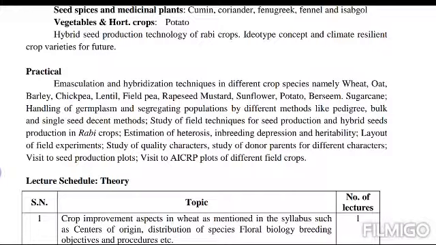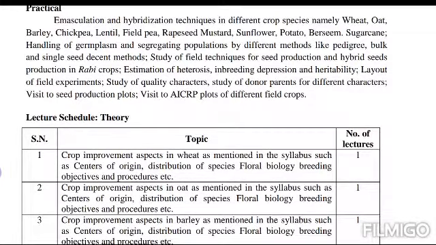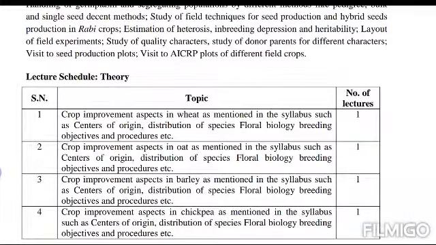Study of field techniques for seed production and hybrid seed production in rabi. Estimation of heterosis, inbreeding depression and heritability, layout of field experiments, study of quality characters, study of donor parents for different characters, then visit to seed production plots and visit to AICRP plots of different field crops.